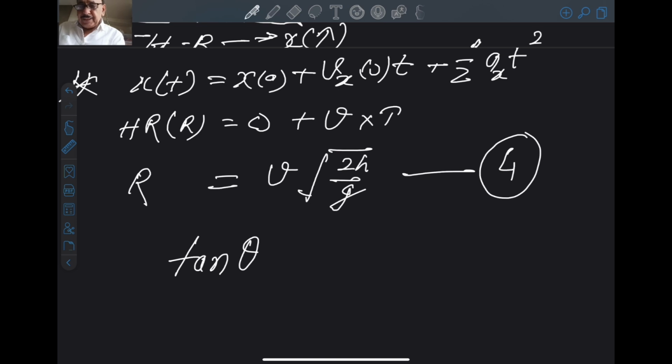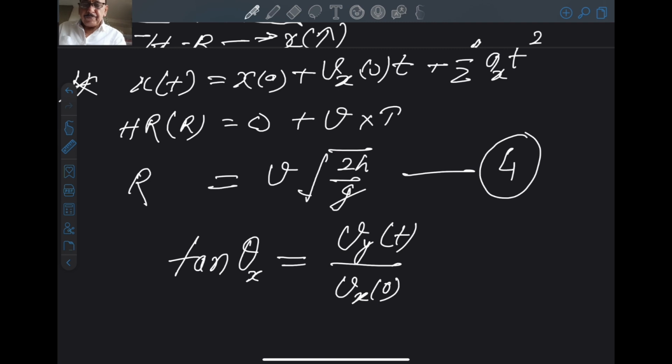Here put suffix x because you should know that this angle is between the x direction and velocity. And this is the velocity in y direction after time t, and this is the velocity in x direction in t. But the y direction velocity is 0 plus 1 gt.